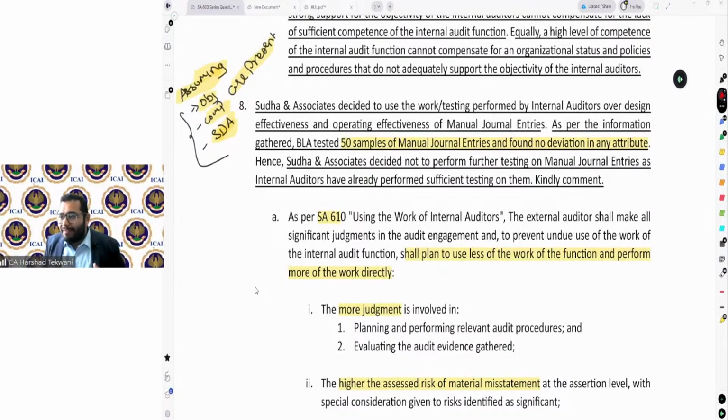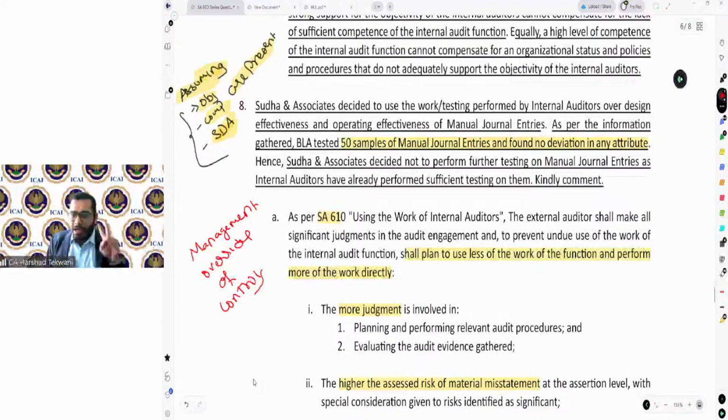So the reason why I am saying manual journal entry is a significant risk area is because of management override of controls. Management is in a position to override the controls, and by default there are two areas that I classify as significant risk as per SA 240.